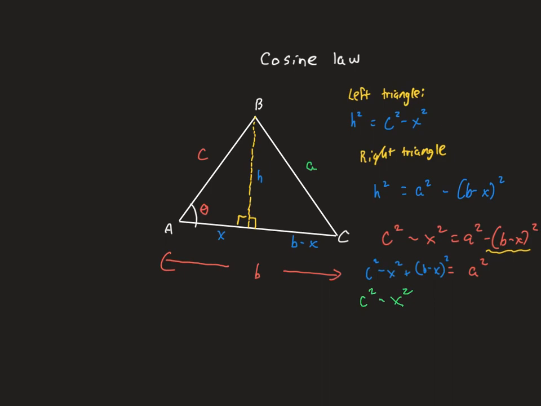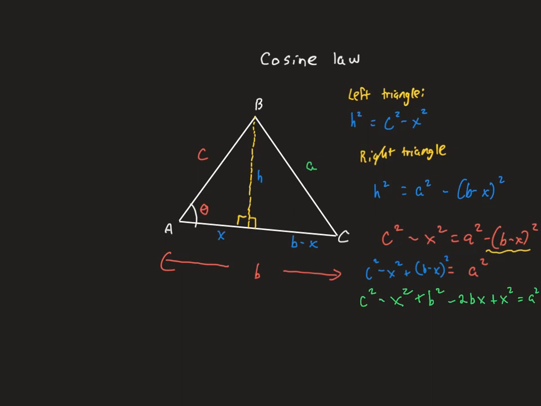So you should have the first one squared, so plus b squared, minus 2bx, plus x squared is equal to a squared.